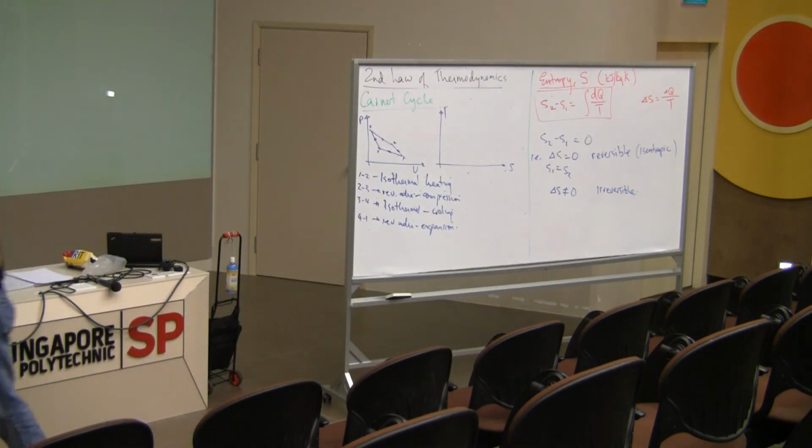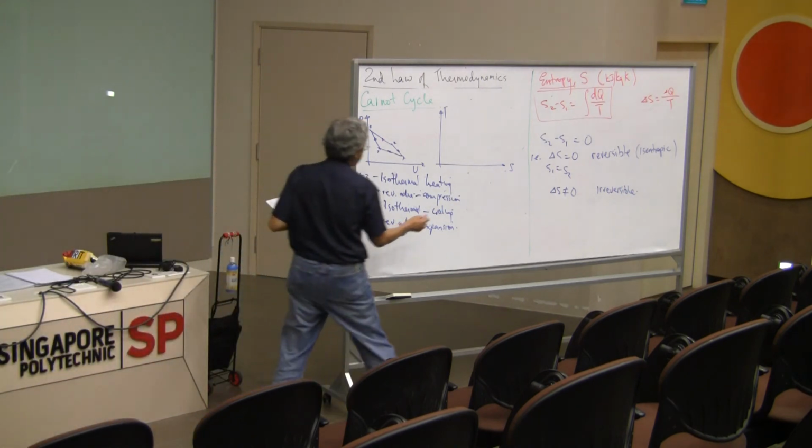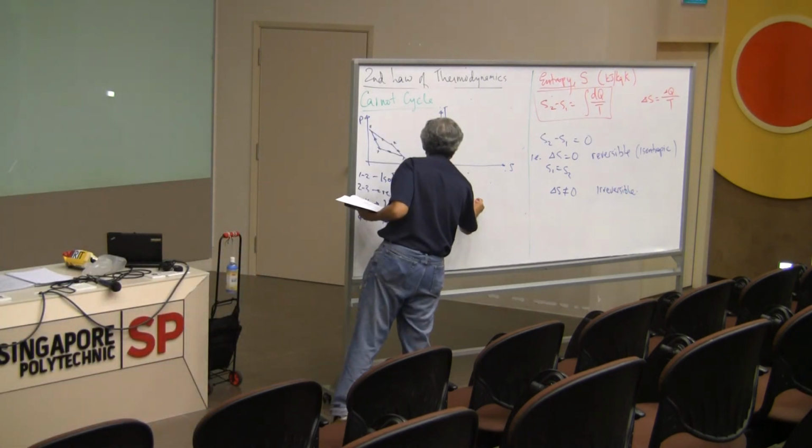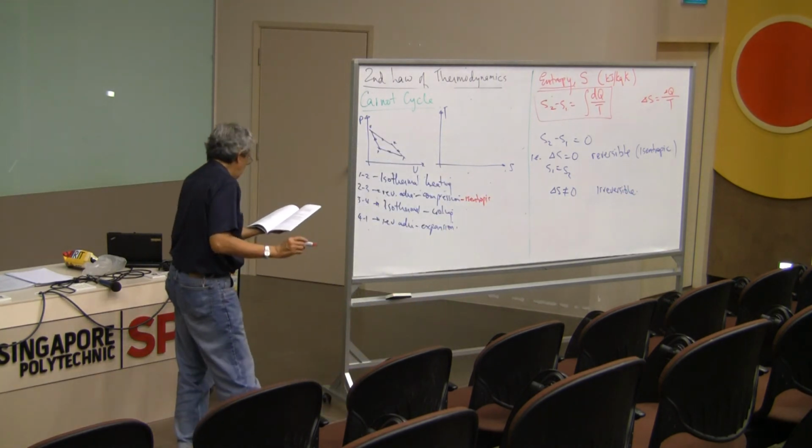So reversible adiabatic, this is isentropic. So isentropic compression.